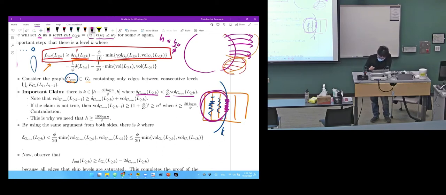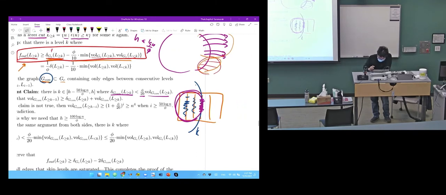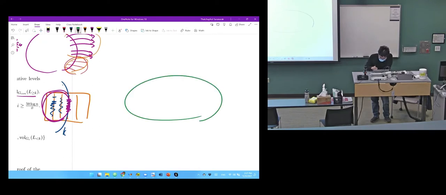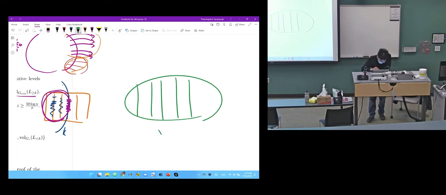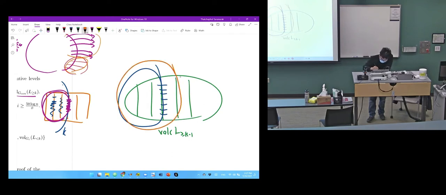look at here, let's say that suppose that, you look at each level here. If you look at this level and the cut size here, the volume of the next level is at least the cut size plus the volume of the previous level.